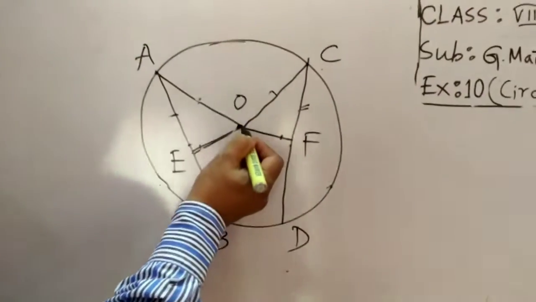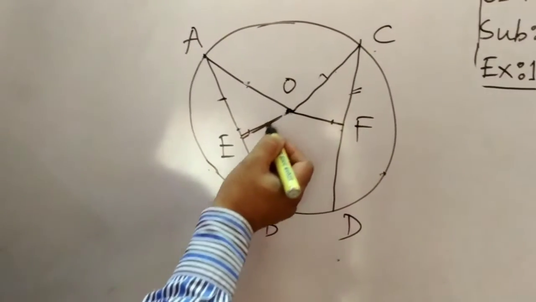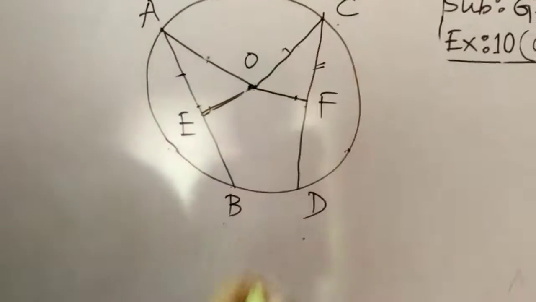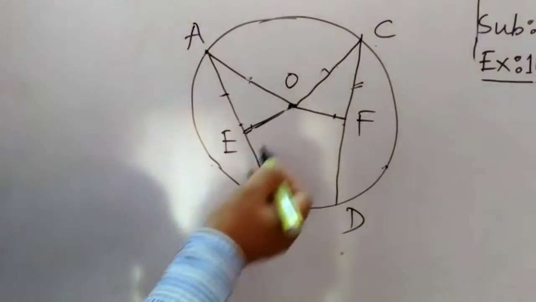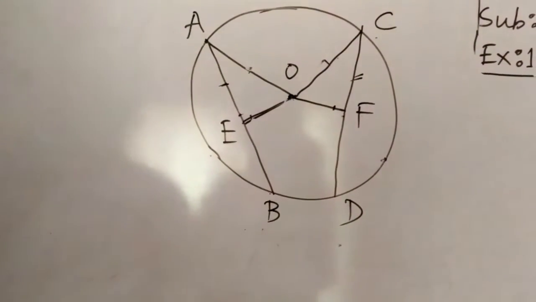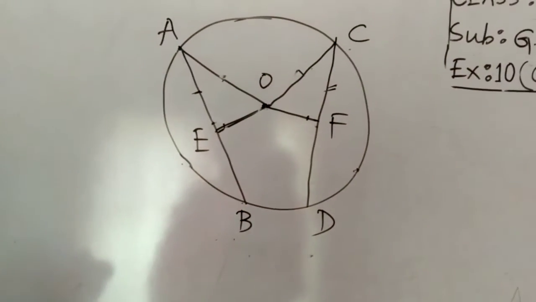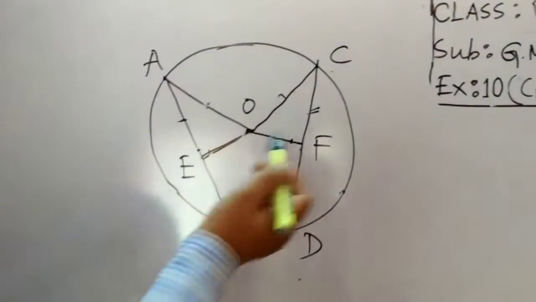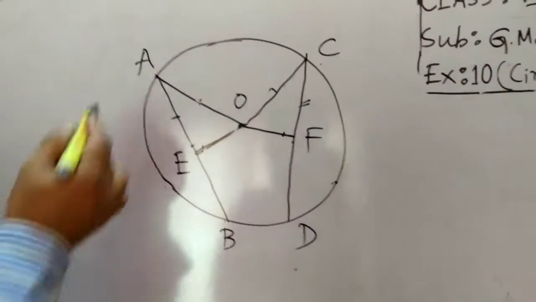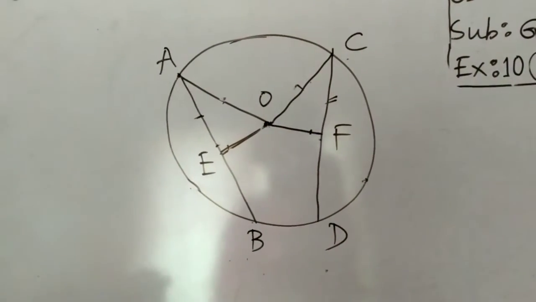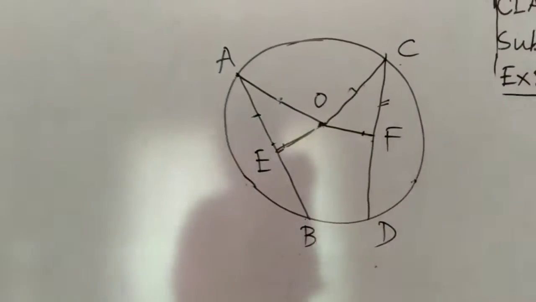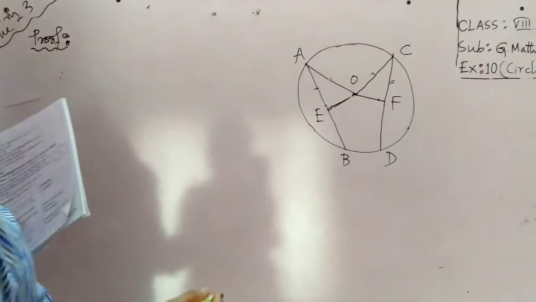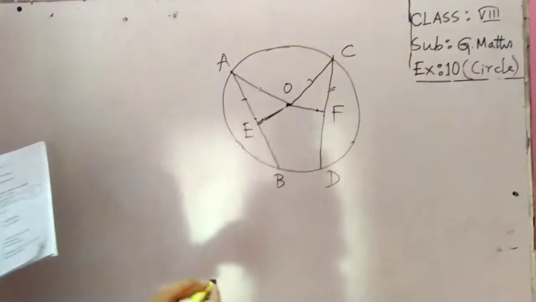If the distance from center to any chord, here a chord AB and CD are two chords, and OE and OF are perpendicular distance from the center of two chords. If OE equals OF, then you have to prove that AB equals CD. This is the reverse of theorem 2. Same as join OA and OC.